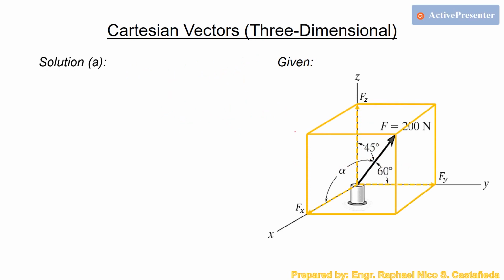So let's try this one. This is the shoebox, if I draw it right, so that you can imagine how the vector components are formed. Let's use the identity.